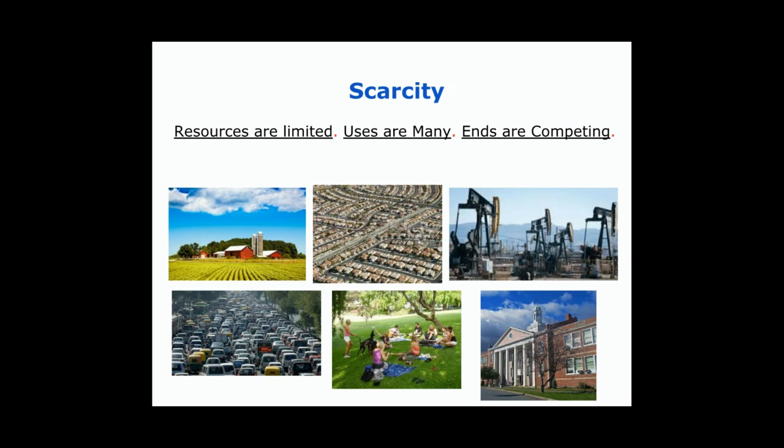So, with a particular piece of land, we can have a farm, or we can use it for housing, or to drill oil, or for a highway or a park or a school. All those would be great uses for a particular piece of land, but we can only use it for one of those things. And so there's many possible uses, but these ends are competing, and so we have to figure out what's the best use for each of these resources.